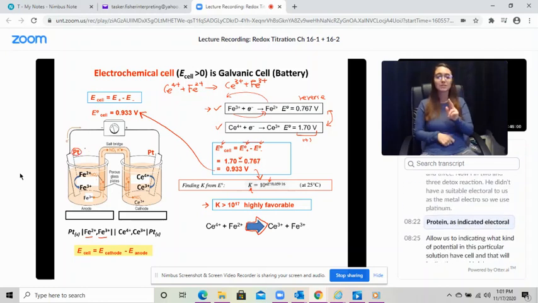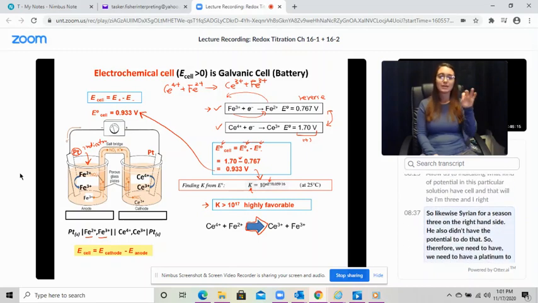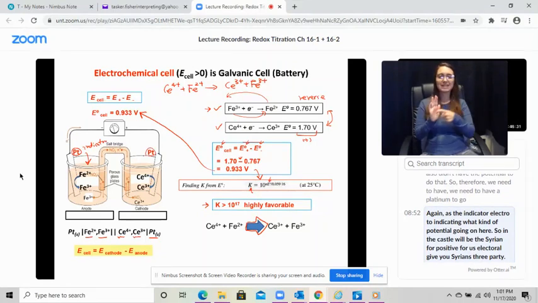Platinum as an indicator electrode allows us to indicate what kind of potential is in this particular half cell, and that will be iron 3+ and iron 2+, right? Likewise, cerium 4+ and cerium 3+ on the right-hand side also do not have a suitable electrode, so we need platinum again as an indicator electrode to indicate what kind of potential is going on right here.